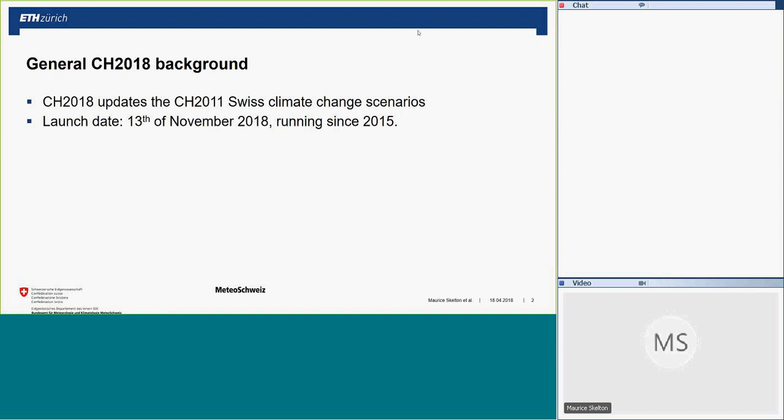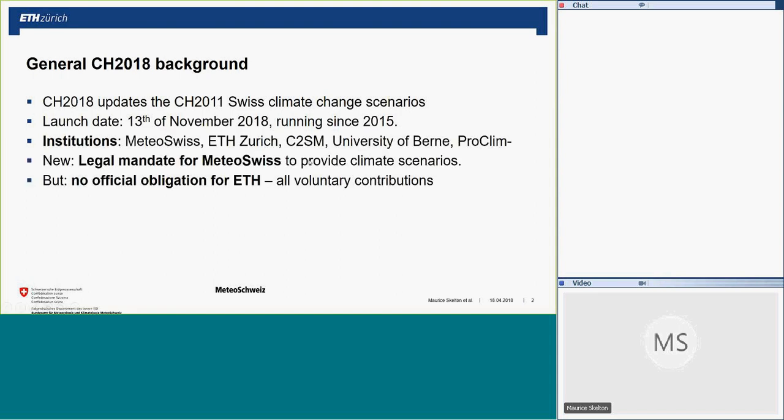CH2018 will be launched on the 13th of November 2018. In case anyone is looking for data on Swiss climate, the project has been running since 2015, and involves institutions similar to the last round in 2011, MetOffice, which is the Federal Office of Meteorology and Climatology.